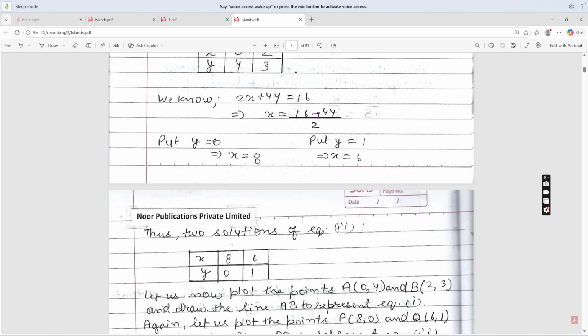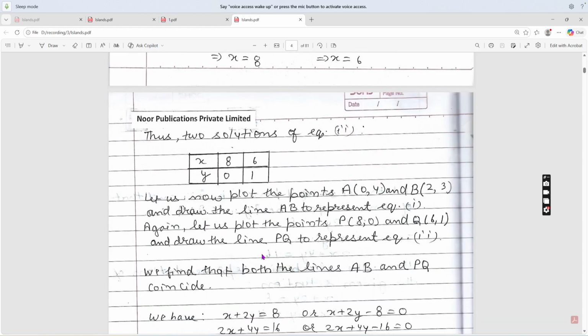Yes. 16 minus 4 into 1, that is 4. 16 minus 4 is equal to 12. 12 by 2 is 6. So very simply we can write, when y is equal to 1, then x would be equal to 6. So this is one more table which we are going to plot on our graph.